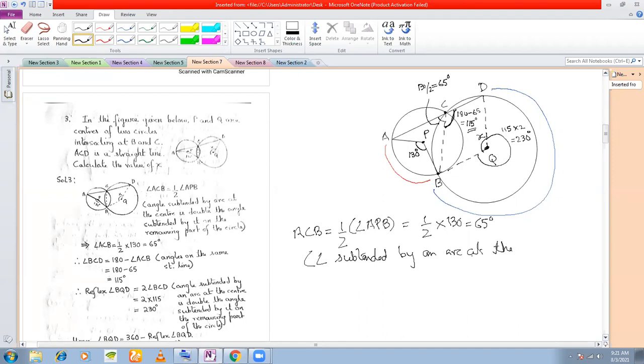And in this case, which one is the arc we are talking about? We are talking about the arc AB, right? At the center of a circle is double the angle subtended by it on the remaining part.